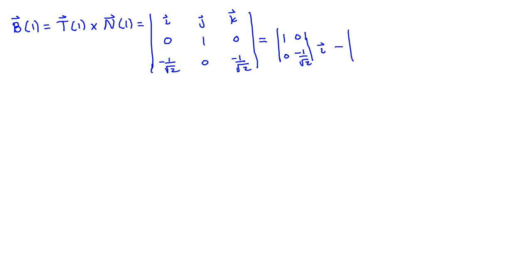The part with the j would use the 0, the negative 1 over root 2, and the negative 1 over root 2. The fact that the top row is zeros probably says that this term is going to go away. And the part with the k would use the 0, the 1, the negative 1 over root 2, and the 0.